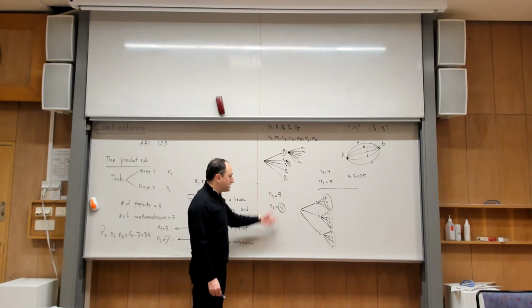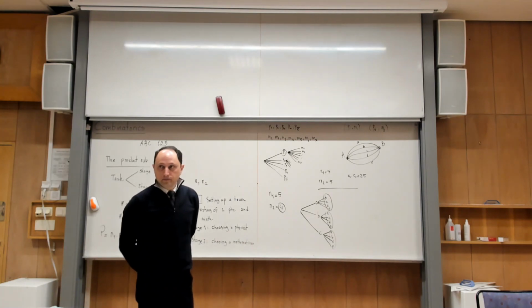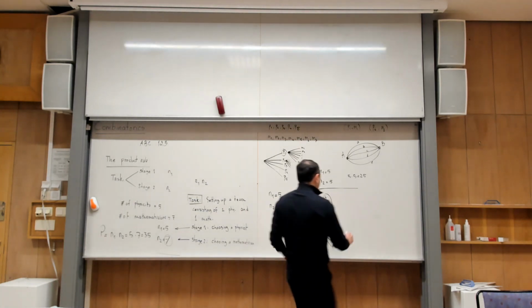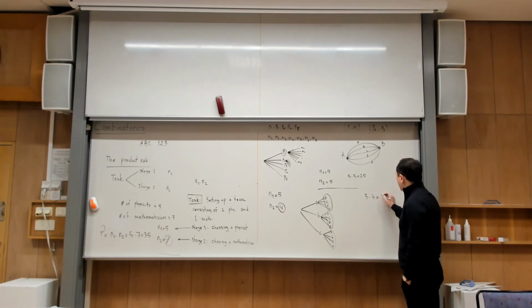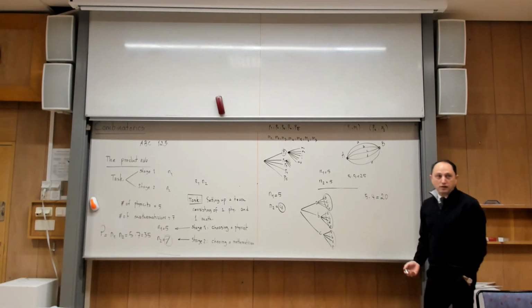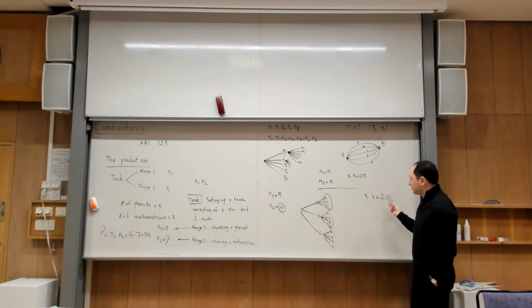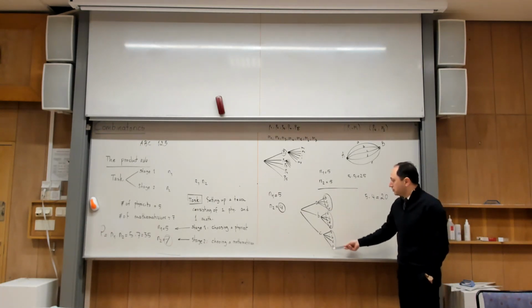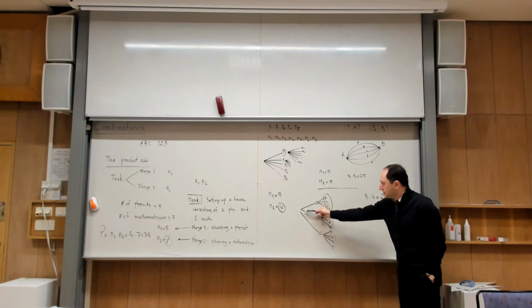So if this is the case, it means that the product rule is still applicable. Yes? And then what would be the answer to this problem? The answer would be 5 times 4, which is 20. And of course, this is not very strange. If you don't want to follow these rules, this is the diagram that you draw, and then you count the number of possibilities, yes? It is clear how many branches I can have.